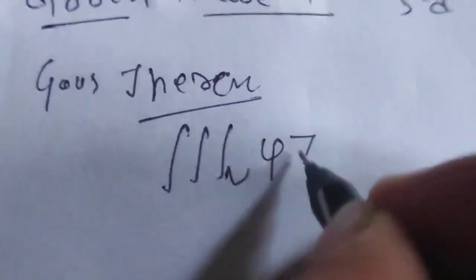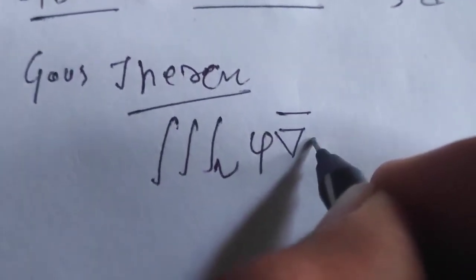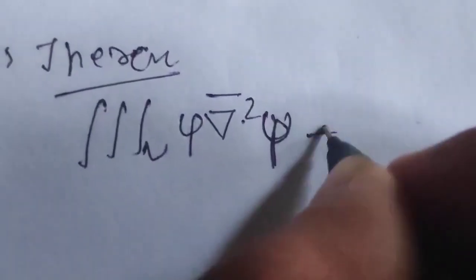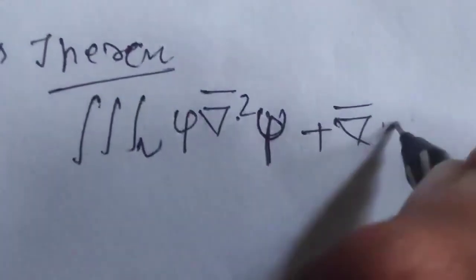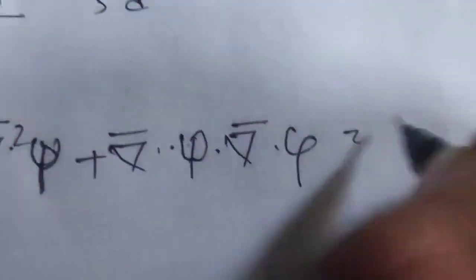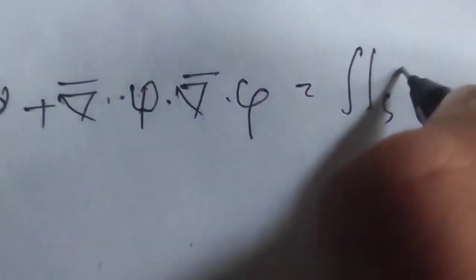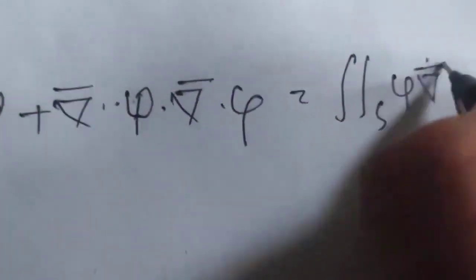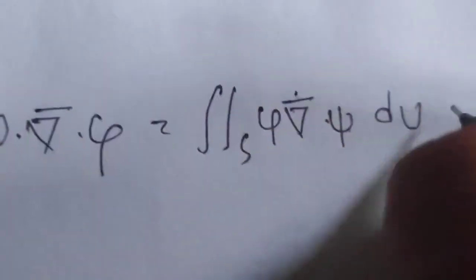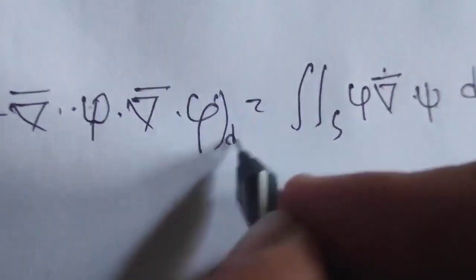It says how we can convert the volume integral of phi del squared psi plus gradient phi dot gradient psi, which is equal to the surface integral of phi gradient psi dot ds, or here it is dv.